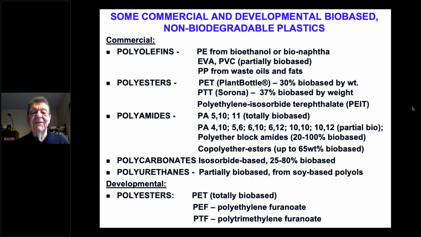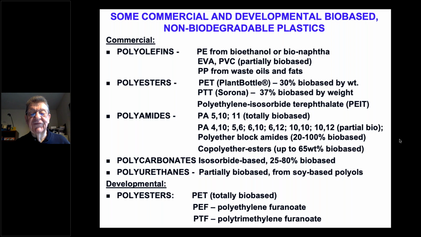There's polytrimethylene terephthalate, Sorona, and even some high temperature polyesters like the isosorbide terephthalate, which are bio-based. There's a whole range of polyamides which are available bio-based. Many of them actually cannot be made petrochemically, but they are available bio-based. And copolymers like polyether block amides and copolyester ethers.